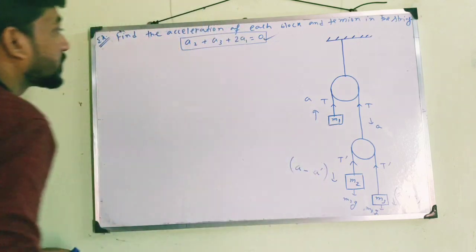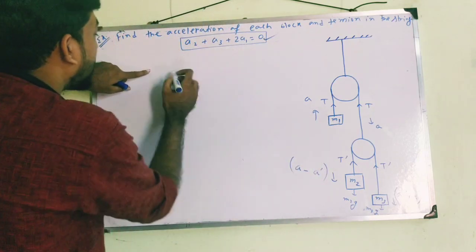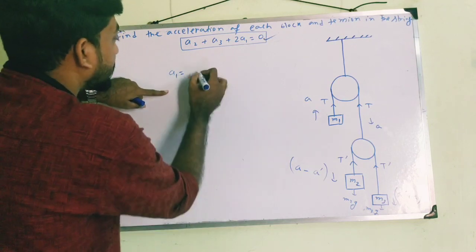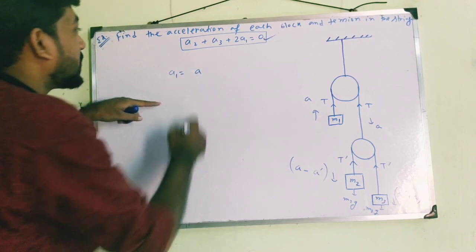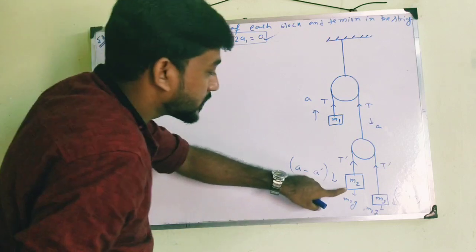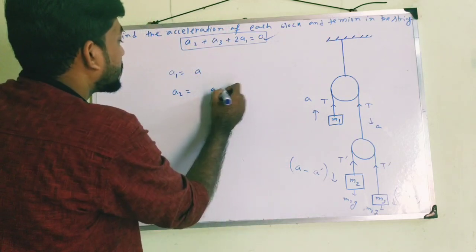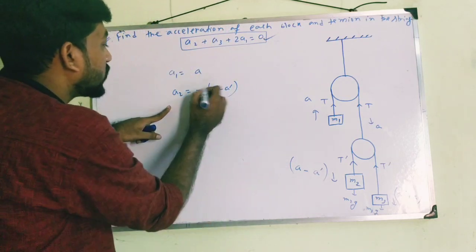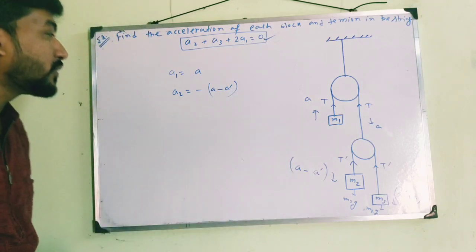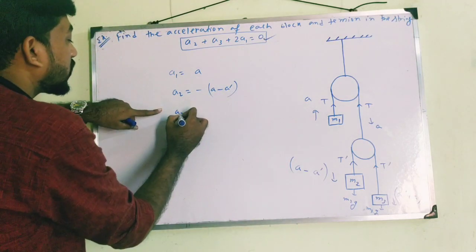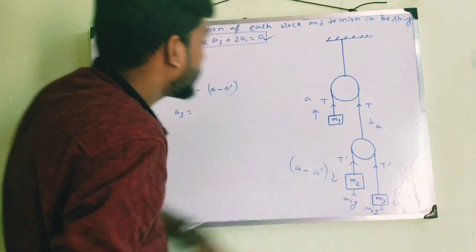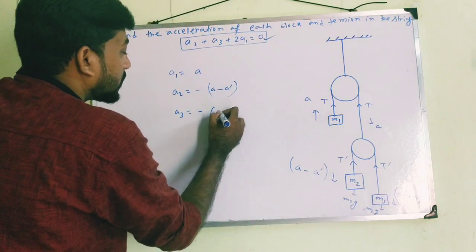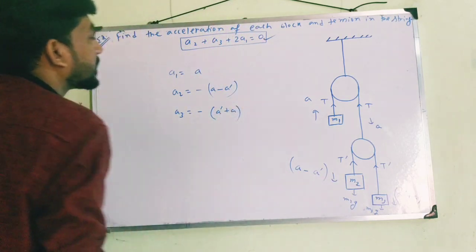Now here we can write that this a1 is nothing but a. But what is a2? This is a minus a prime, but this is only the magnitude, direction will be negative, this is moving in the downward direction. And similarly if we talk about a3, then a3 is also in the downward direction, so it will be minus a prime plus a.